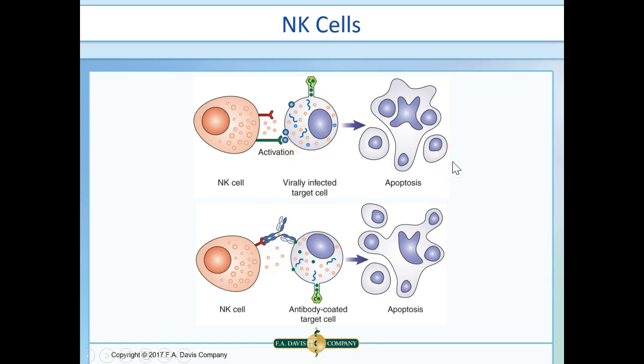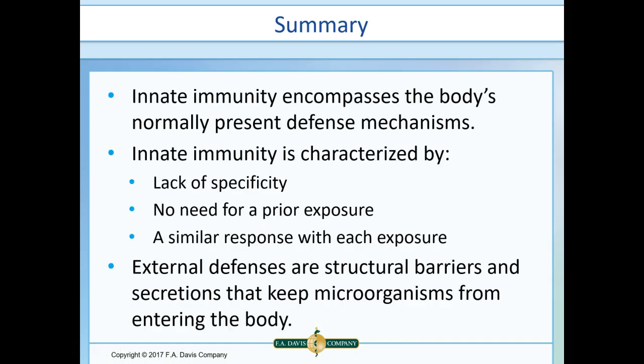That is cell death. Apoptosis is cell death, okay? We have an antibody-coated target cell here too, which will also cause apoptosis. So this natural killer cell can just attach to the cell itself or an antibody. So it can do a number of things in a number of ways.